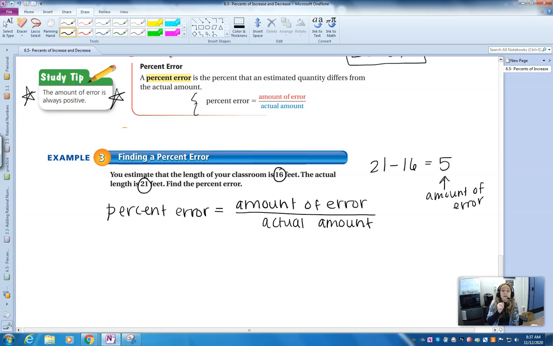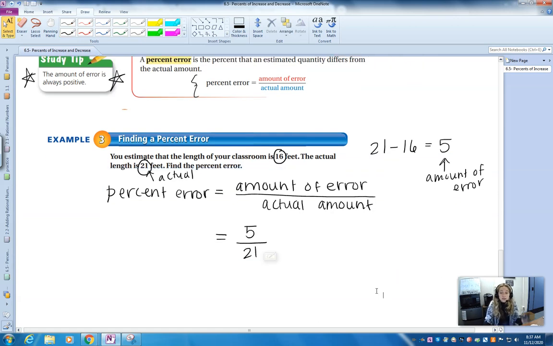That's because you estimated that it was going to be 16 and it was actually 21. So therefore, the amount of error is 5. So let's fill that into the numerator, 5, over the actual amount. What's the actual length? Well, the actual length was 21. So we're going to put it over 21.